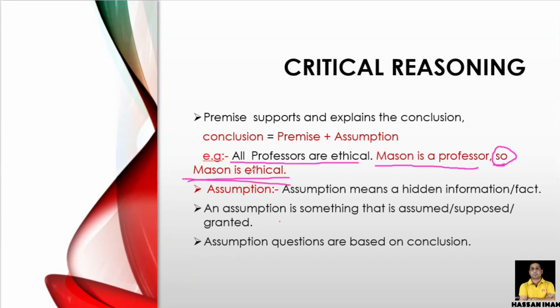So understand here, all professors are ethical. Mason is a professor. So here all professors are ethical and Mason is a professor. Therefore Mason is ethical. So the author assumes that professors are ethical and Mason is a professor.